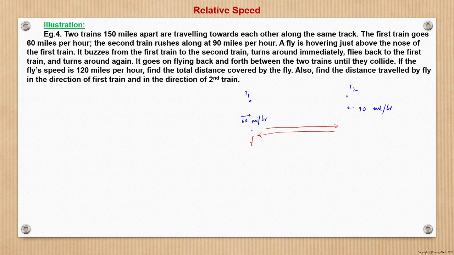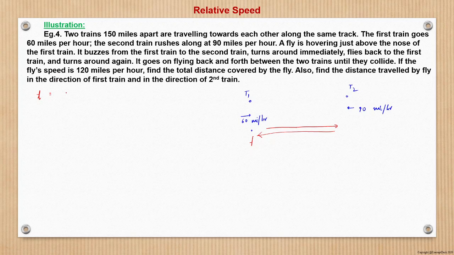Now see, first of all, we'll try to see that the fly will keep on moving to and fro till the time the two trains collide with each other or meet with each other. So what is the time after which the trains collide?